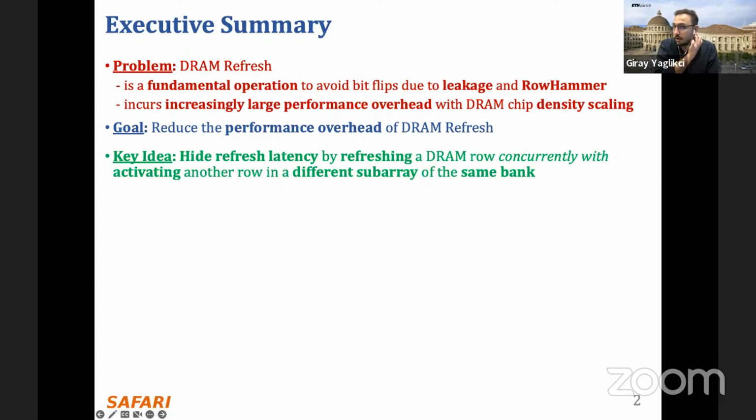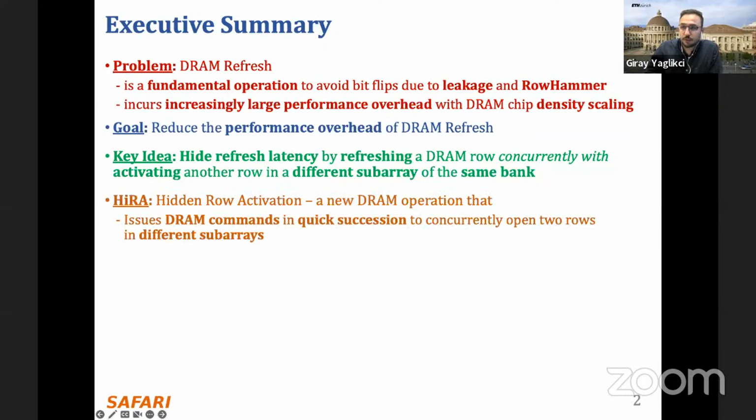Our key idea to do so is to hide the refresh latency by refreshing a DRAM row concurrently with activity in another row in a different subarray of the same bank. To do so, we propose a new operation called hidden row activation, in short, HiRA.